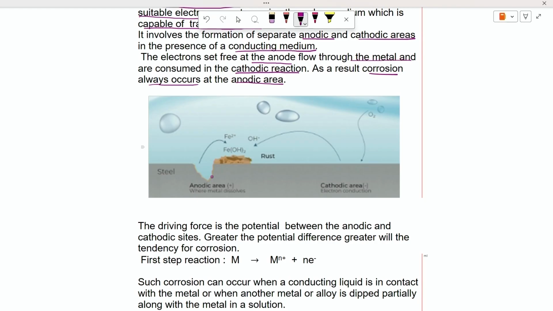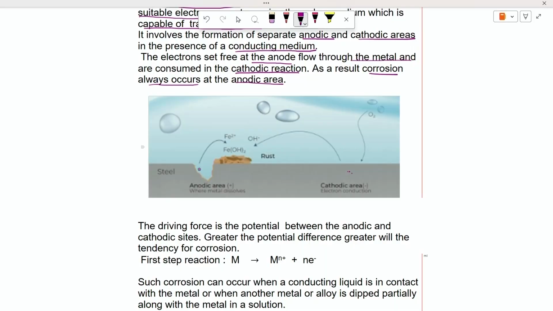It gives its electrons and they move through the metal to the cathodic area. At the cathodic area, the electrons are consumed and corresponding compounds are formed. Here is where the metal is getting corroded, the anodic area. I have included this picture to show that there should be moisture, that is, the water droplets are shown here to show the presence of moisture.